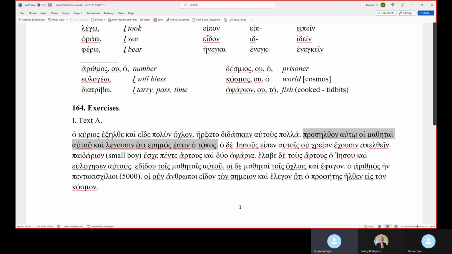Proselthon auto hoi mathetai autou kai legousin hoti eremos estin ho topos.